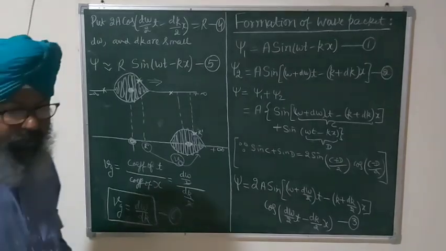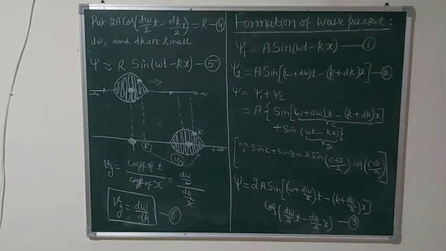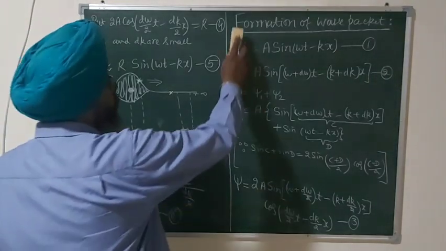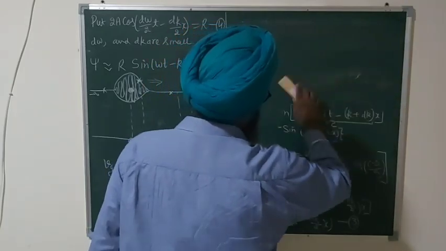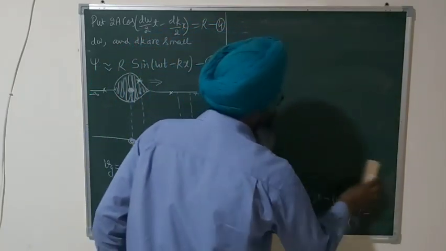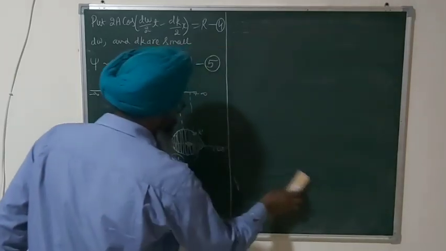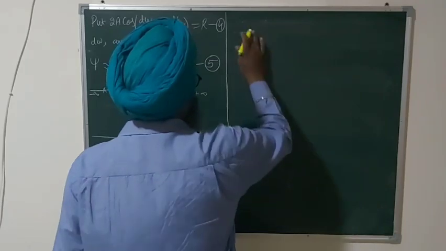Now we can simplify this formula by introducing the Einstein-de Broglie relations. These relations are important for us. Therefore, I will introduce these two equations before using them in equation number 6. What are the Einstein-de Broglie relations?